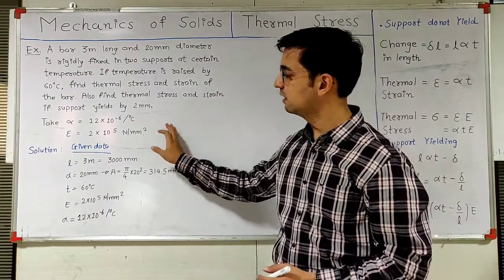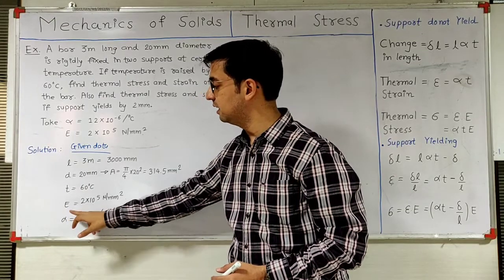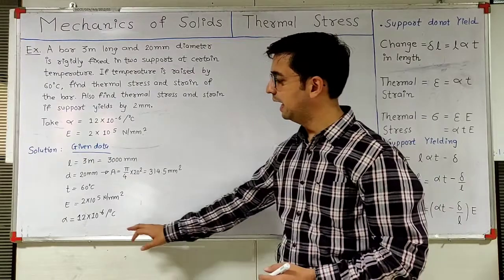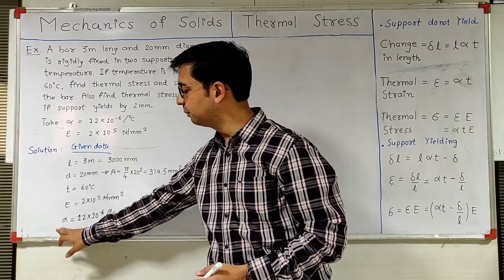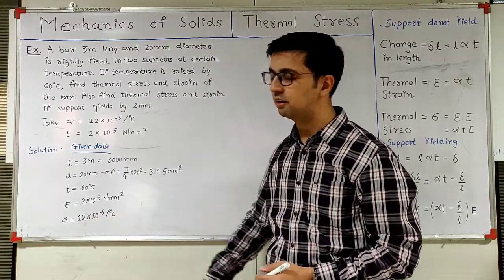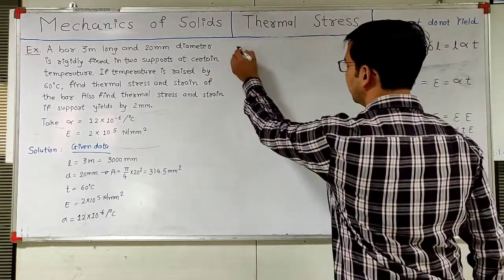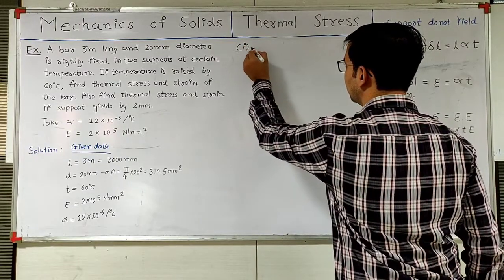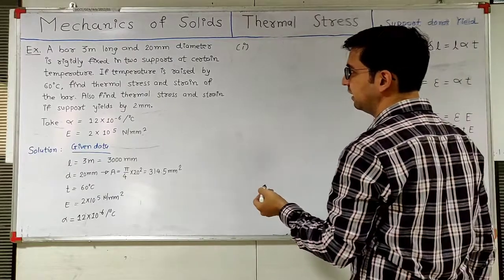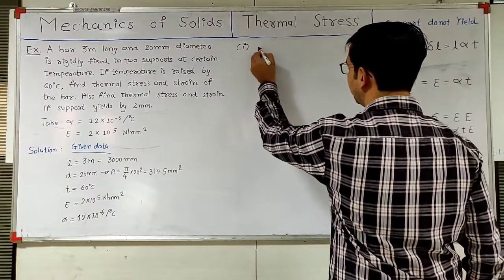Given data is about modulus of elasticity E as 2 into 10 raised to 5 Newton per mm square, and coefficient of thermal expansion alpha is given as 12 into 10 raised to minus 6 per degree Celsius. So first data needed is about thermal stress and strain when there is no movement of support.